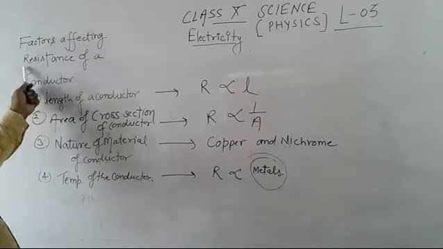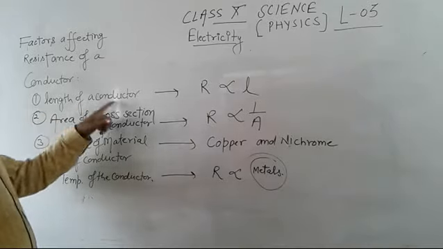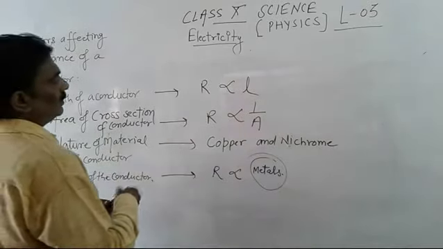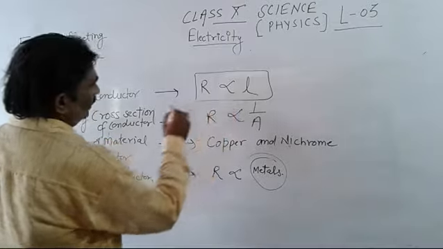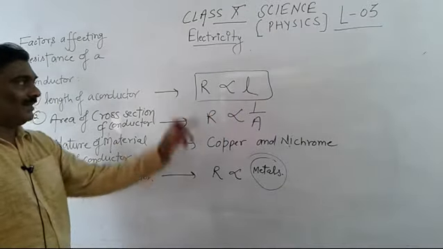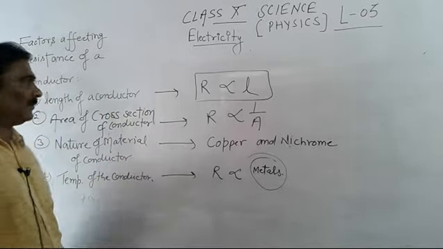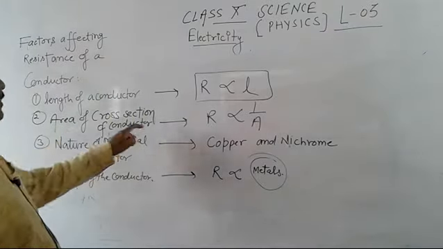Factors affecting resistance of a conductor. There are 4 factors. Number 1, length of conductor. If length is doubled, then resistance will also be double, because resistance is directly proportional to the length of the conductor. Second, area of cross section of conductor.